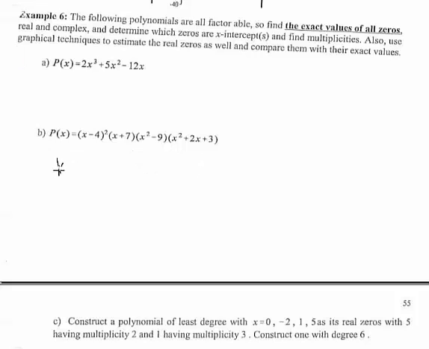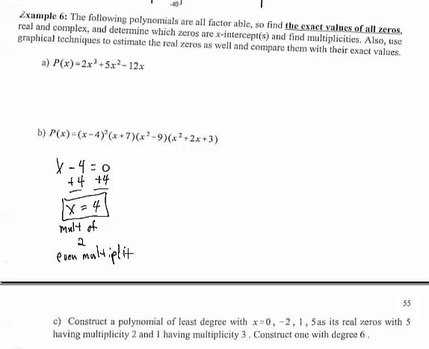So I simply take x minus 4 and set it equal to 0. Even though it has an exponent of 2, there's no need to do it twice. x equals 4 has a multiplicity of 2. It's even. You could say even multiplicity.